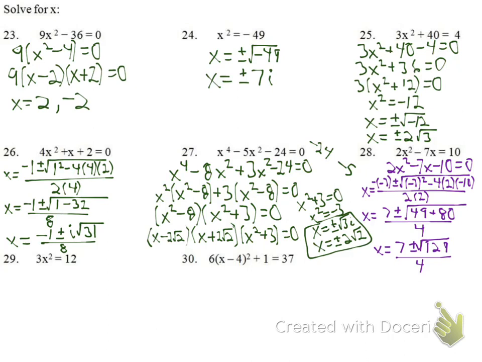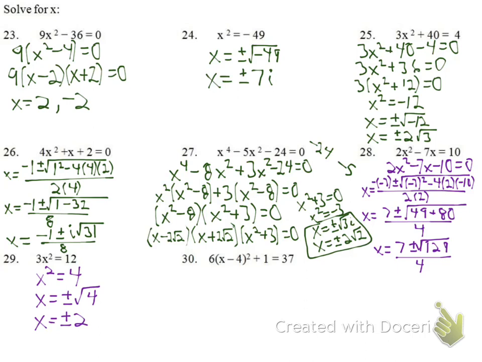Now on to 29. I could divide both sides by 3. I get x squared equals 4. I take the square root of both sides, plus or minus the square root of 4. And it turns out to be x equals plus or minus 2. Now for number 30, last one here. Why don't we get our exponent, that x minus 4 squared, by itself.